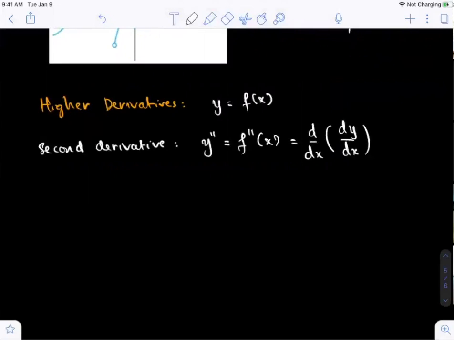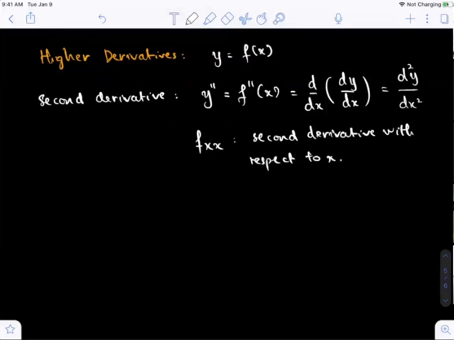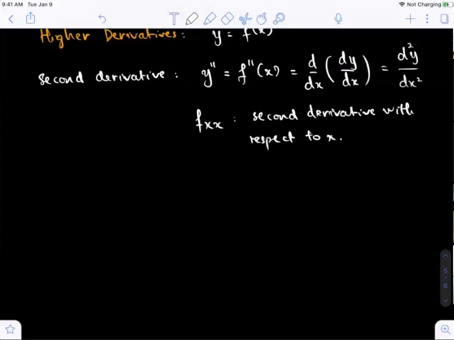You apply another differentiation operation on dy/dx, and you write d squared y over dx squared. So those are the notations. Another notation for the second derivative is f sub xx. If you have f sub x, that's the first derivative with respect to x. f sub xx is the second derivative with respect to x.